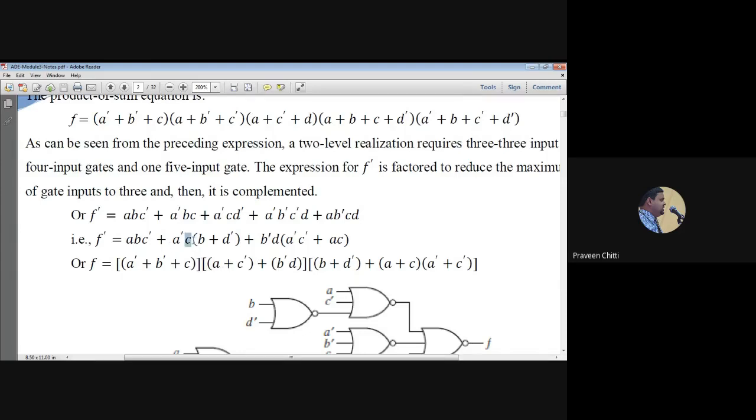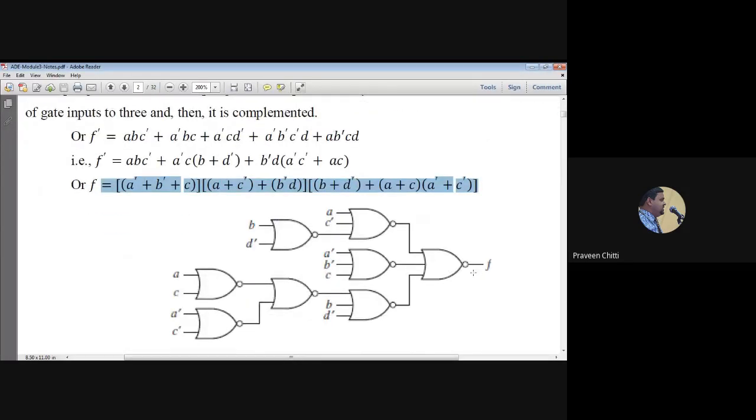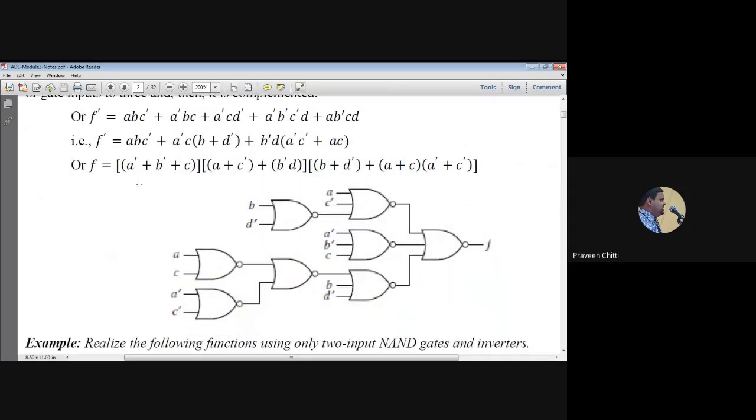Then this dot should be changed to plus, and this plus should be changed to dot. Whenever you are changing plus to dot or dot to plus, accordingly you have to take the complement of the variables, and finally we get this particular expression. And this expression now can be easily implemented using NOR gate. One by one you can see here.